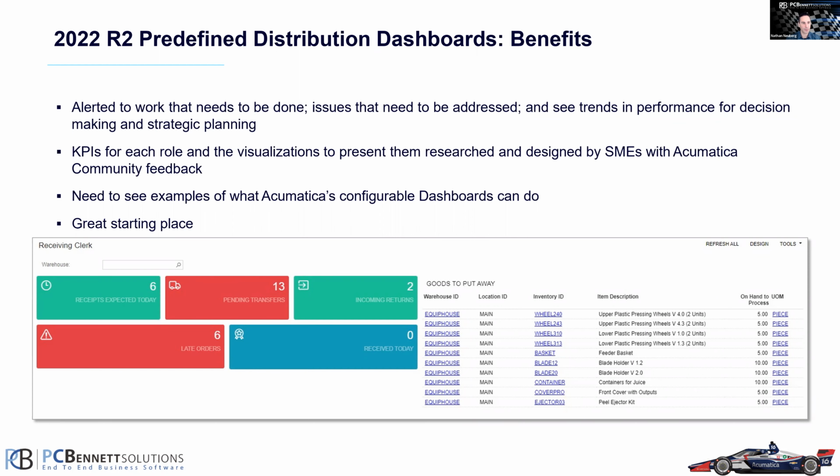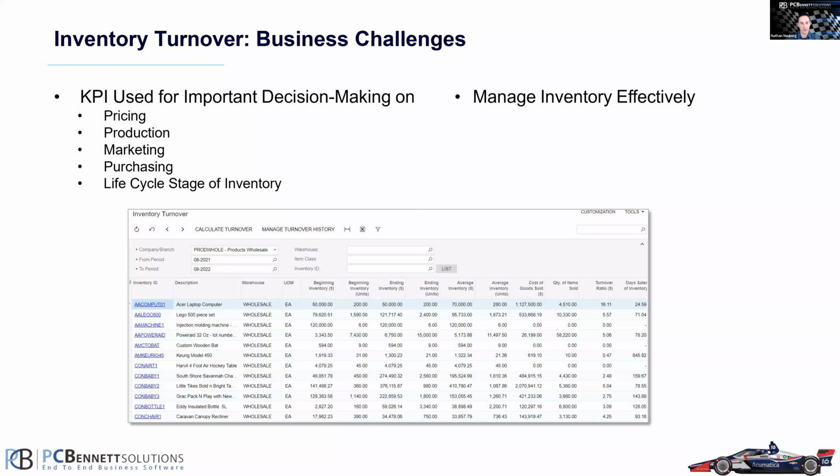Also included in 22 R2 is a new inventory turnover KPI, further improving on those dead stock reports that we had. But this one actually adds functionality.